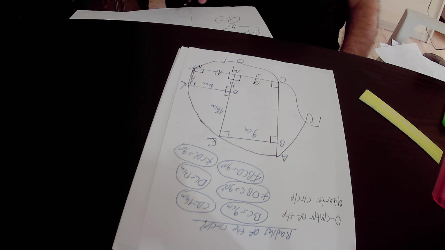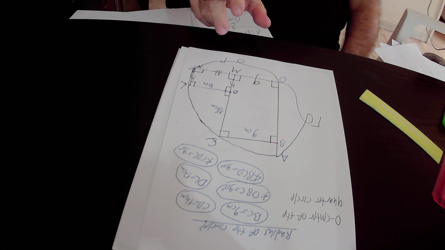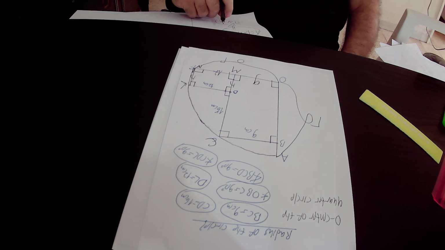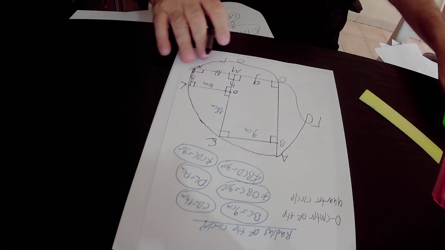Because point N and point F are very close to each other. So if ON equals 21 units, it means that OF will be a little bit longer than 21 units. Okay? So in the next step, we'll join points O and C together by a straight line.